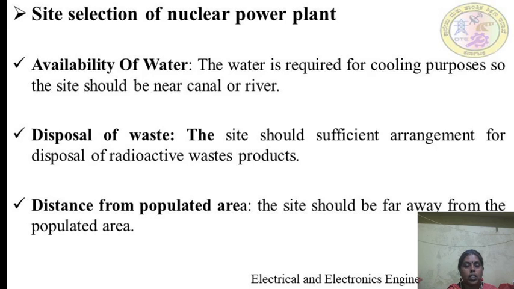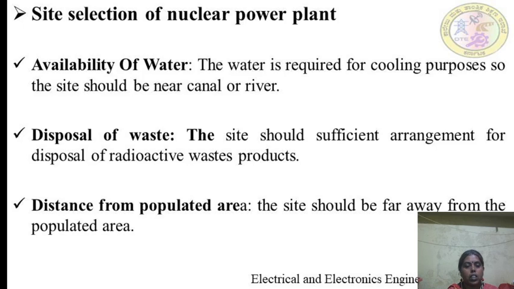Water is the substance which is converted into steam, and then it is allowed to pass to the turbine. So the main requirement is availability of water. The site should be near a canal or river.